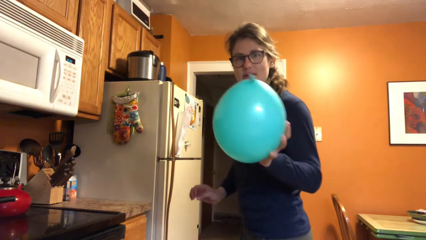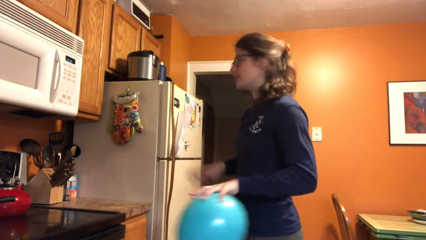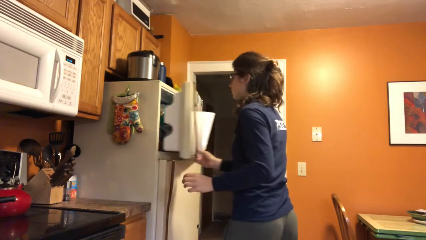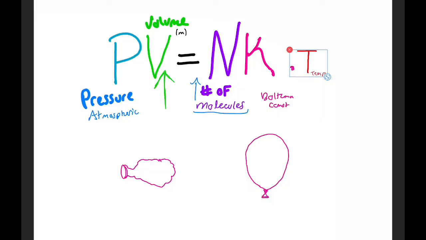Now let's take this baby and we'll put it in the freezer. But the balloon is sealed, okay? The sealed balloon fixes the number of molecules. So number of molecules, constant. So what are some things that can change about our balloon?